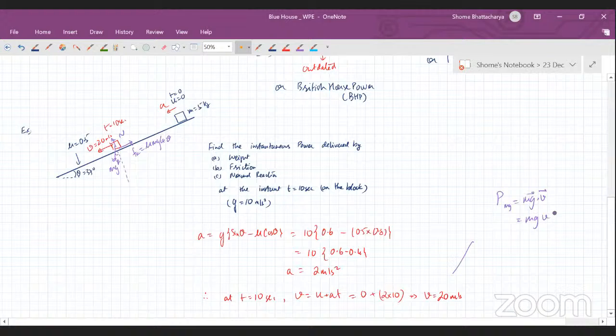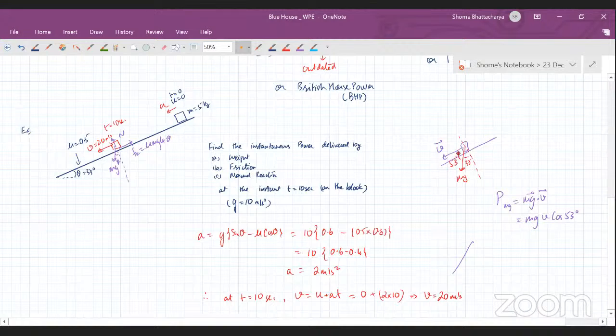So that is mgv cos 53, because you can see the angle between the instantaneous velocity and the gravitational force will be 53, because this angle is 37.